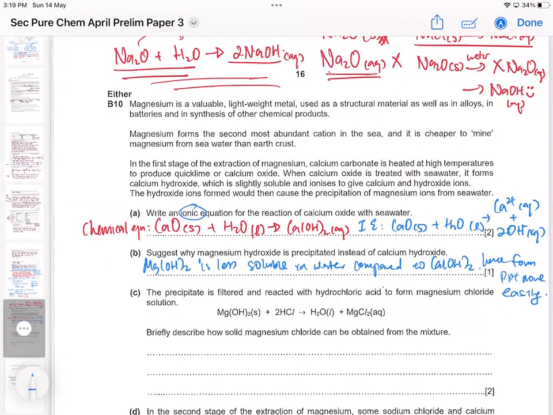Okay, part C. So we're using neutralization to obtain the magnesium chloride. So how can the solid be obtained? This is a solution that is AQ. So this is under separation technique in early Sec 3. So this is actually salt preparation for a soluble salt.